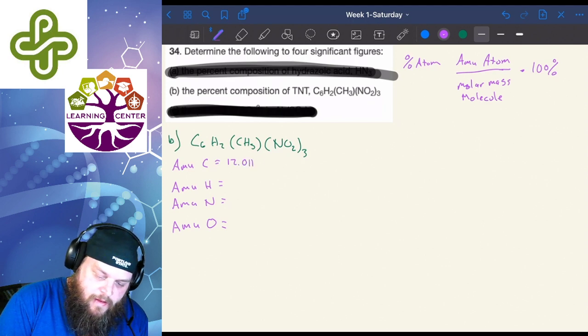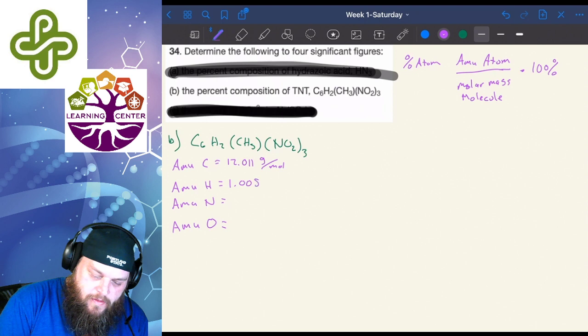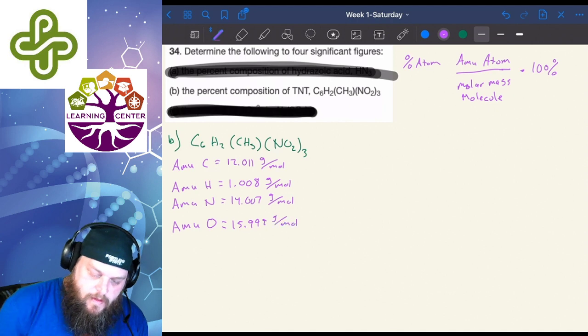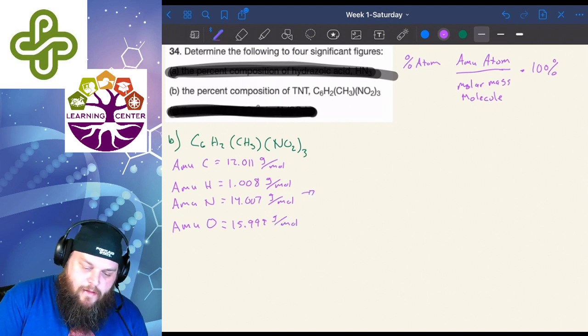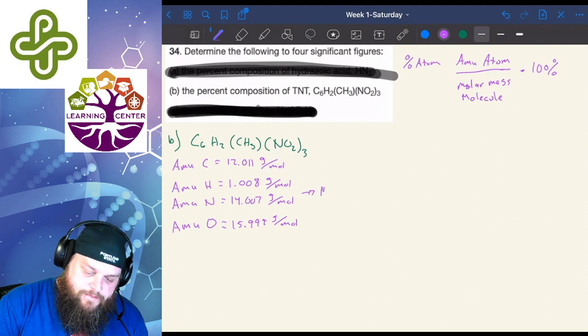I'm going to fill them in. When you work with it enough, you just start to know what they are. 15.999 grams per mole. And then we have to find the molecular weight of it.